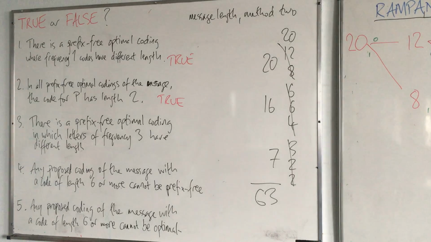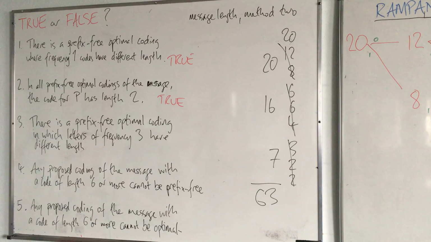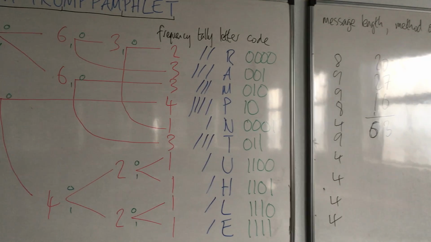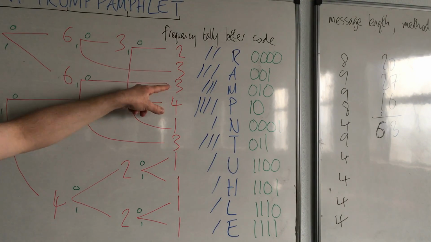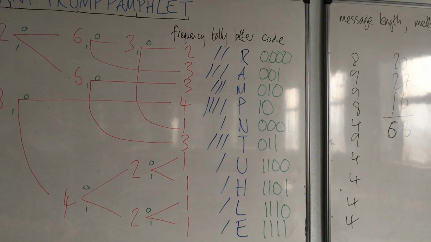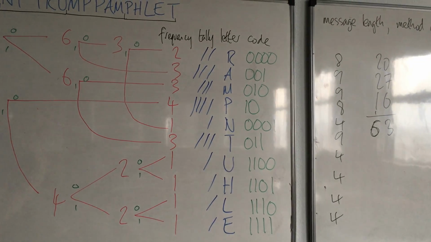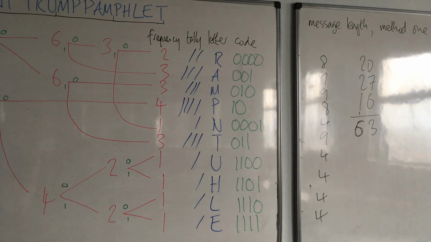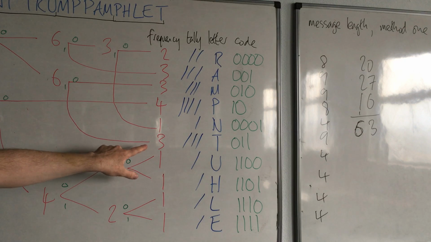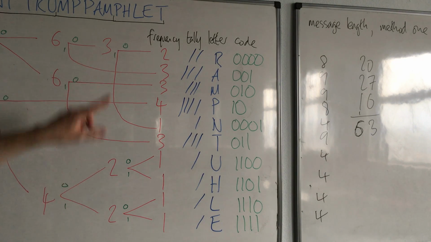Okay. What's next? There is a prefix-free optimal coding in which letters of frequency 3 have different length. Well, let's have a look at that. Now, there were 3 letters of frequency 3, and there was, by that stage, some other group of 3 as well.